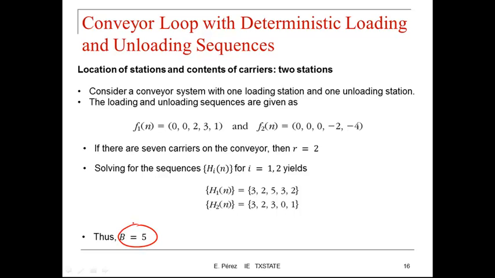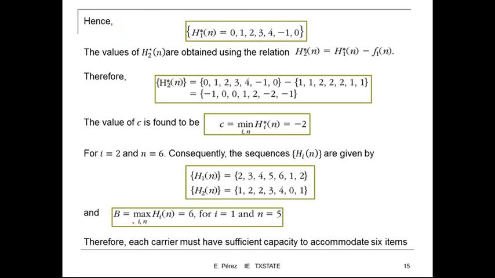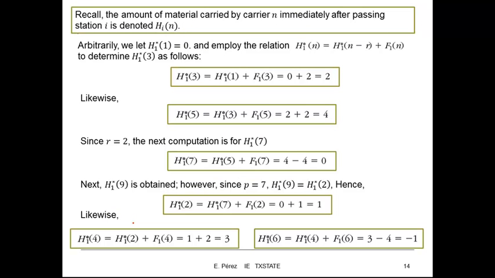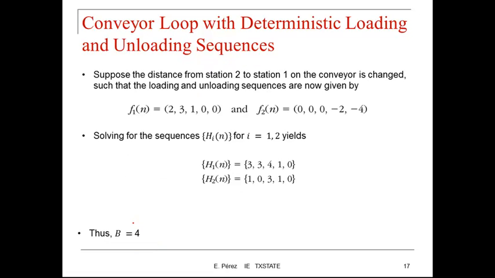We noticed that by increasing the number of cars from 9 to 10, actually the capacity required for each one of those cars increased. So that's what I'm trying to illustrate here.